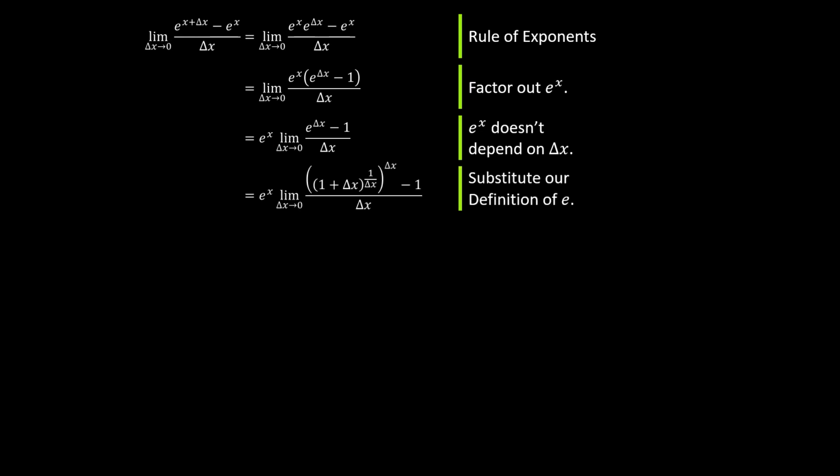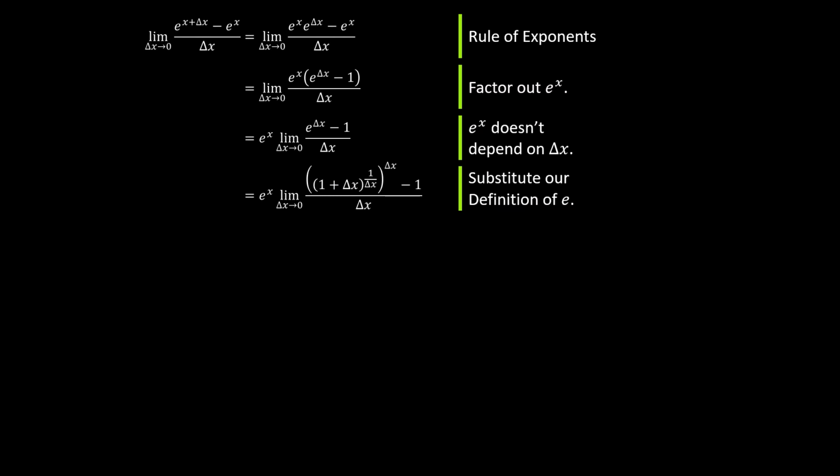Now is when I'm going to bring in that definition of e that I talked about. It's worth taking a second to see how I knew this was going to help, because there's a lot happening here. Again, this limit was always using delta x going to 0, so it was important that when I introduced a delta x for my definition of e, that delta x was also going to 0. Otherwise, I would still have two different limits doing crazy things.